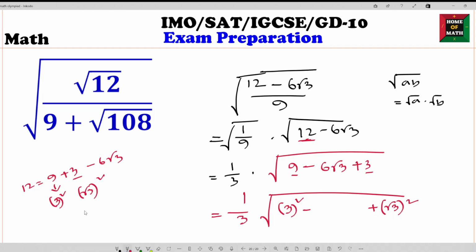So we have to use some theory like a square minus 2ab plus b square. We know this one is a minus b whole square. So a square, b square. So how about minus 2ab? So minus 2, a means 3 and b means root 3. And look, 2 times 3 means 6, and here is root 3. So we get the formula.